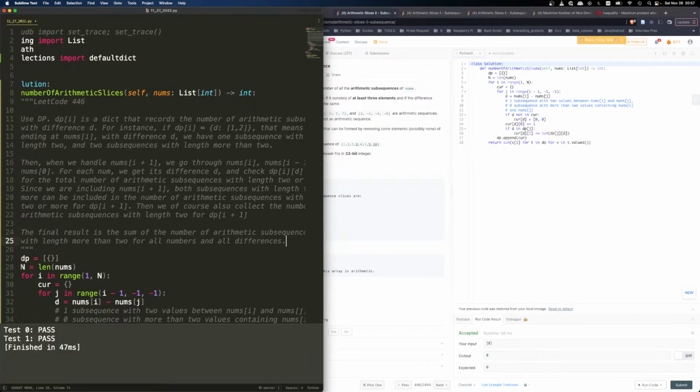Now it's important we set aside 2, because if we don't set aside 2, then when we add, we will include 2 as well, and we don't want that. That's why we do it.